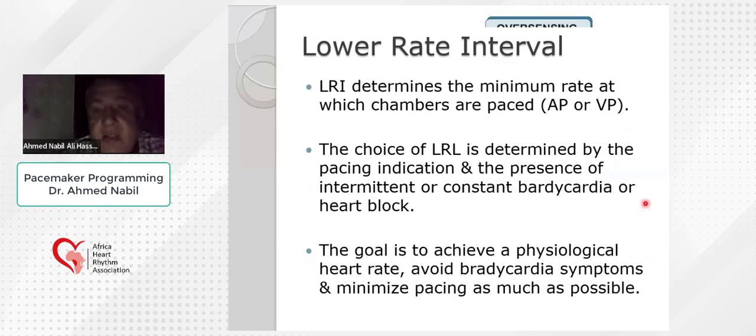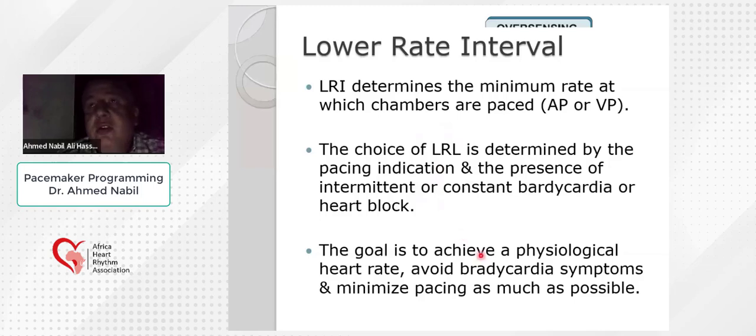like lower rate interval. Lower rate interval determines the minimum rate at which the chambers are paced. Adjusting the lower rate limit is determined according to the pacing indication and the presence of intermittent or constant bradycardia or even heart block.